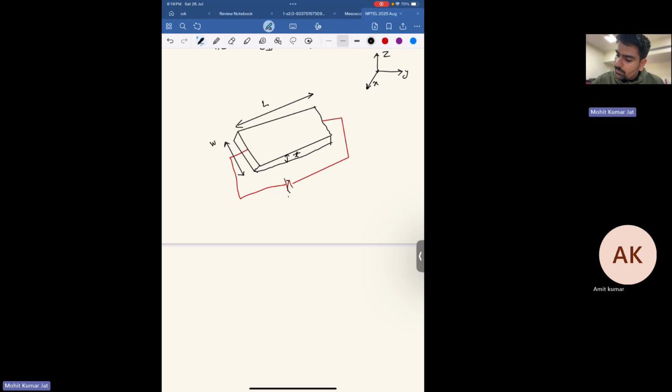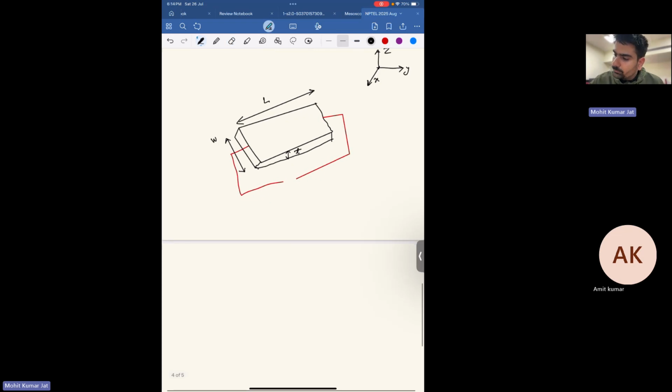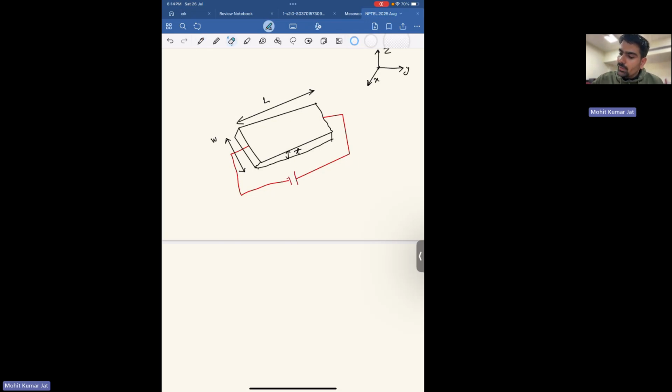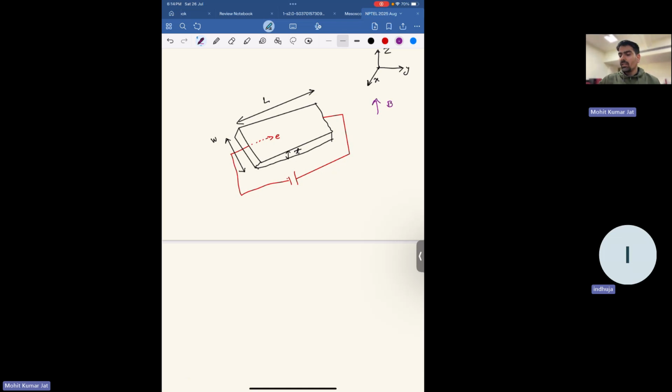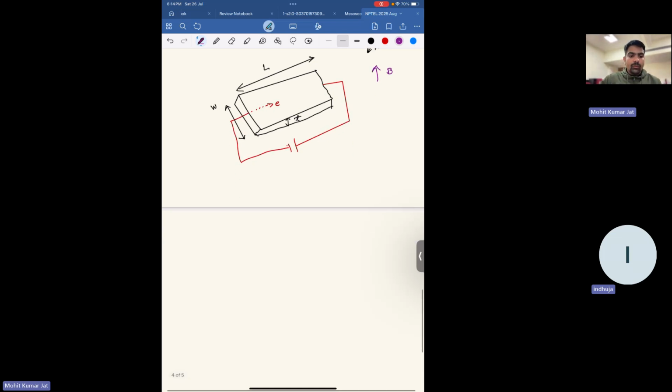So the current now, since they're electrons, will be flowing like this in zero magnetic field. But in presence of a magnetic field, perpendicular like this, B in the plus Z direction, what will happen?